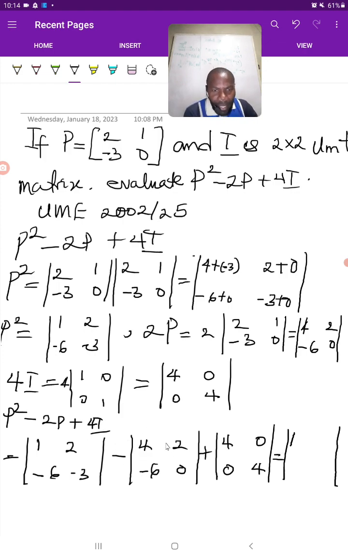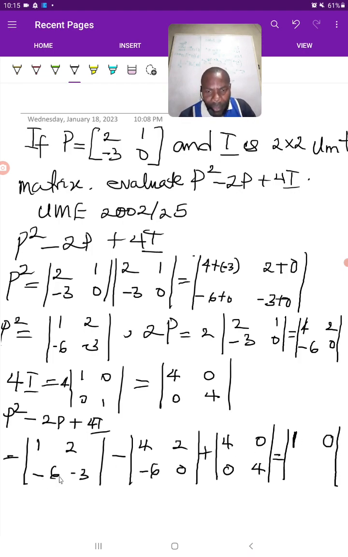Let me say it again. 1 minus 4 gives you minus 3. Minus 3 plus 4 gives you 1. So another one, 2 minus 2, making 0. 0 plus 0, we have 0.